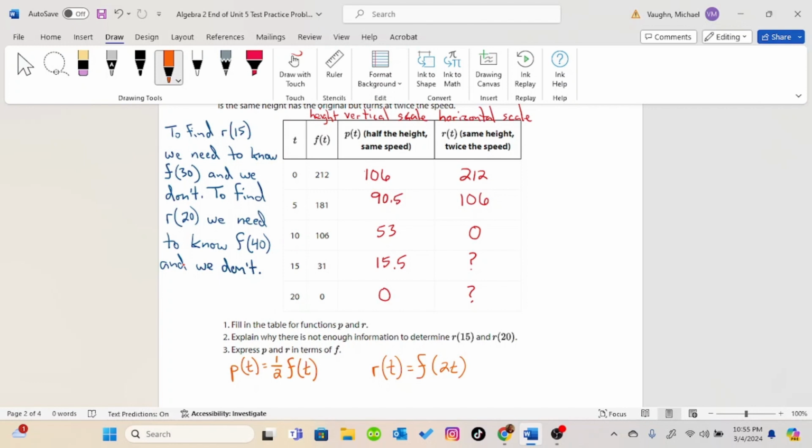And this is what we did. To find p of 0, we multiplied f of 0 times 1/2 to get 106. To get r of 0, we multiplied 2 times 0 and found out the height was 212, and so on.